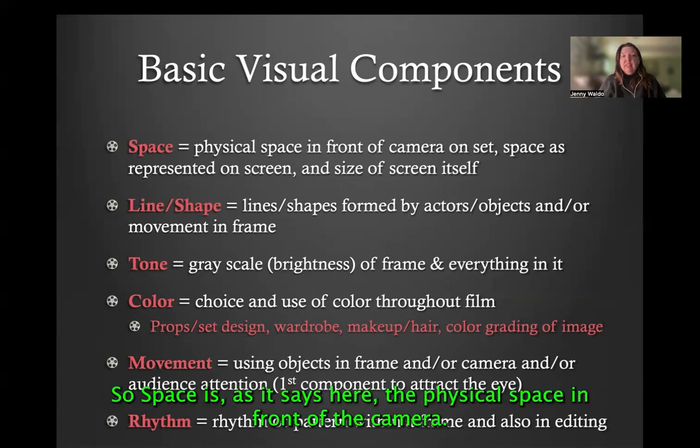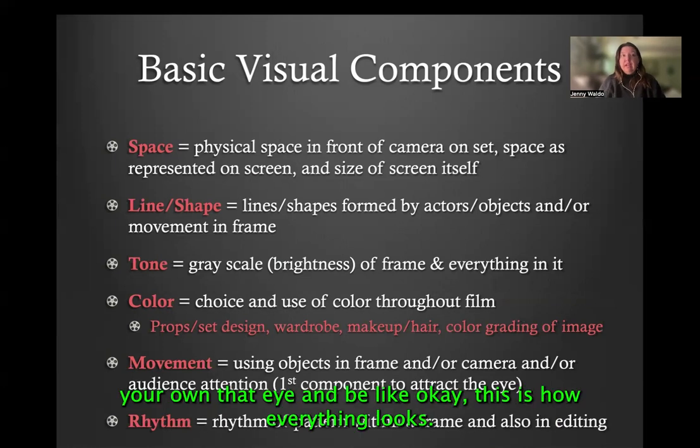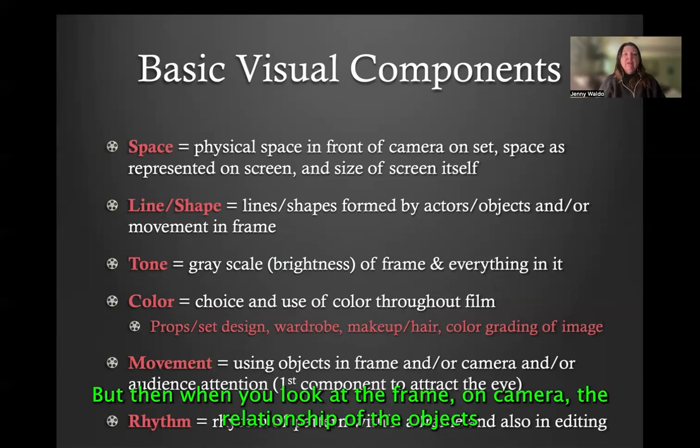So space is, as it says here, the physical space in front of the camera. That's your set, and how that space is represented on screen. Sometimes you'll look at the space with your own eye and think, okay, this is how everything looks, but then when you look at the frame on camera, the relationship of the objects looks different.